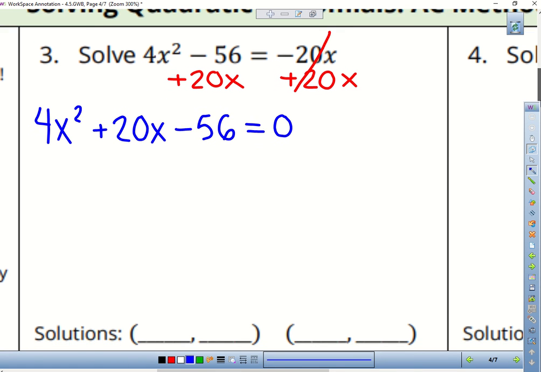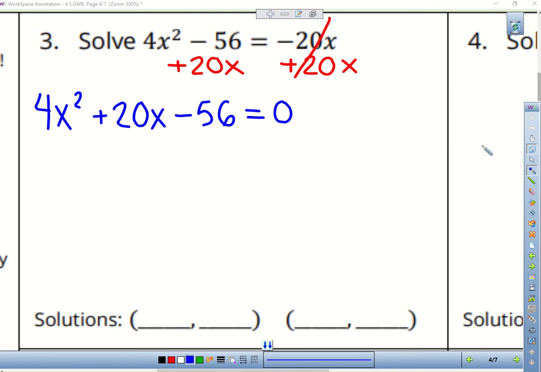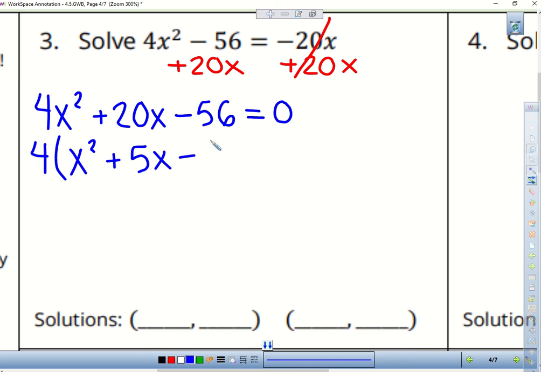Now before you use any AC method, you want to make sure that we have factored out any possible GCFs. Good. Factor out 4. We're going to factor out a 4. So now that we've taken out any possible GCFs, we are now going to factor into two binomials.